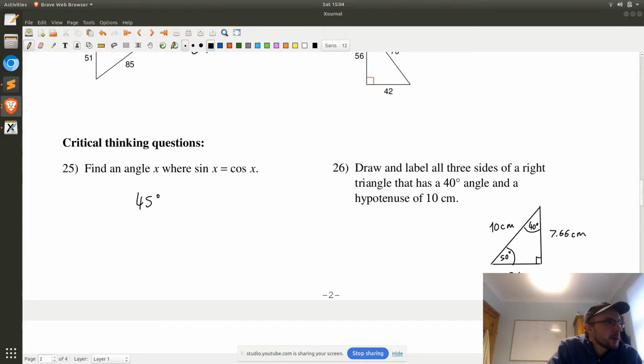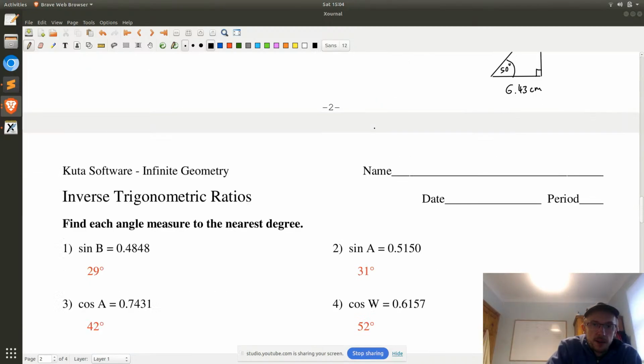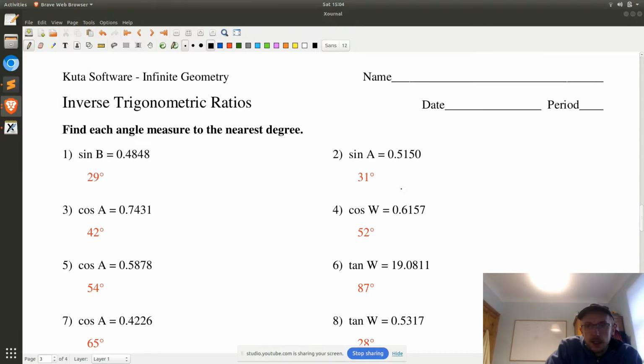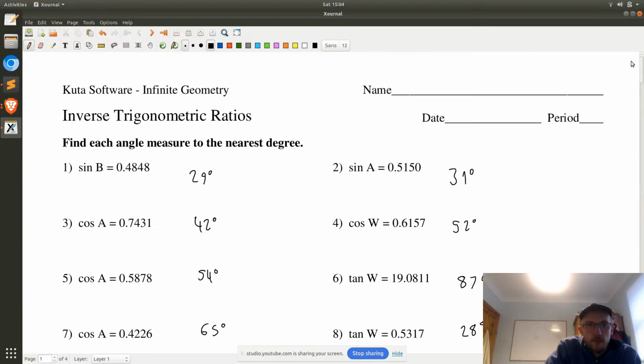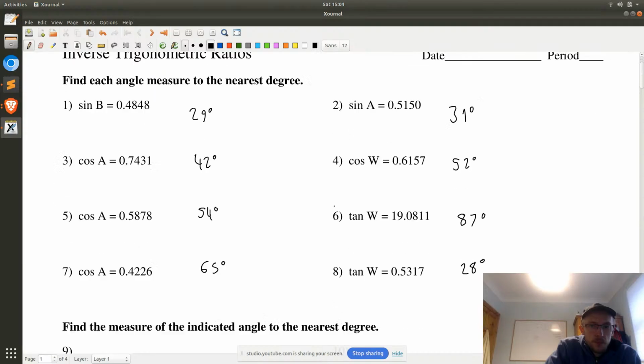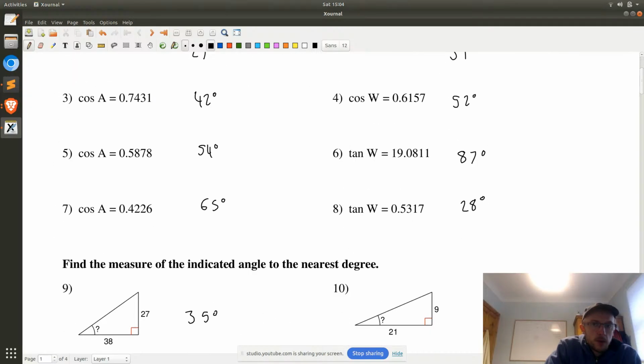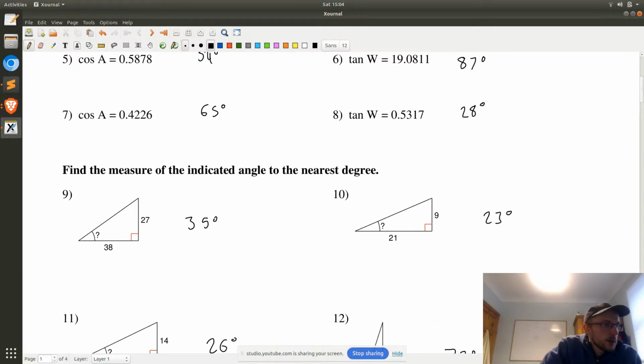And now check everything. Right. Right, total agreement.